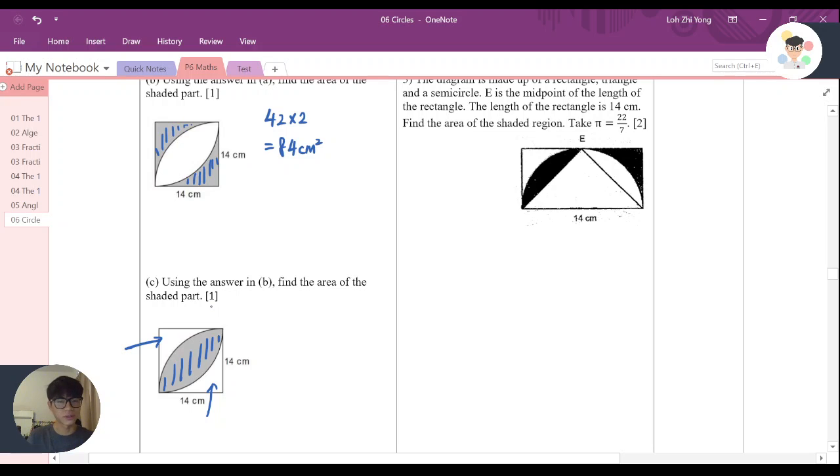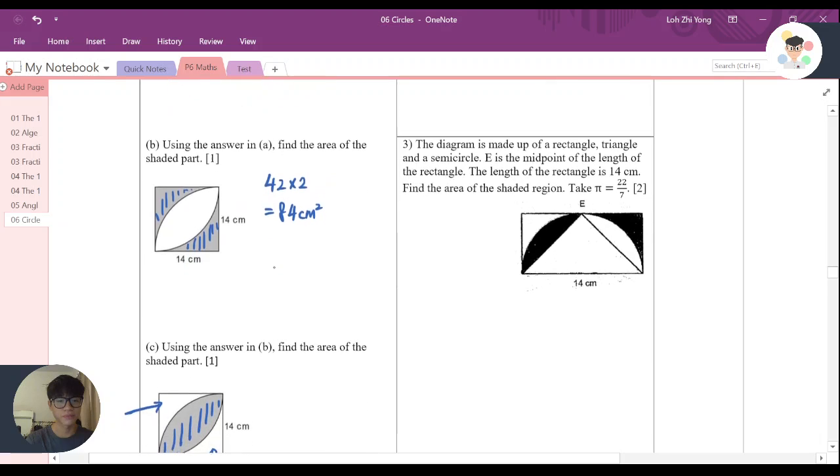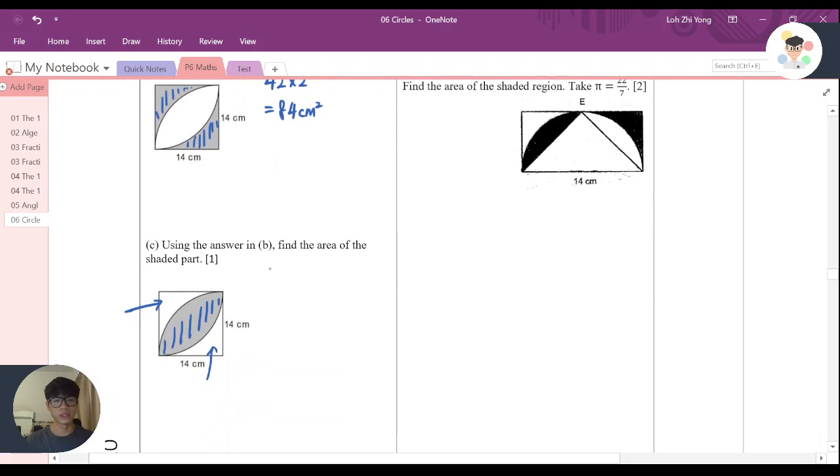Very simple, the area of the square is 14 times 14, which we found in A is equal to 196. So all I need to do is use 196 minus 84, the square minus the white color region. So 196 minus 84, my answer is 112 cm squared.